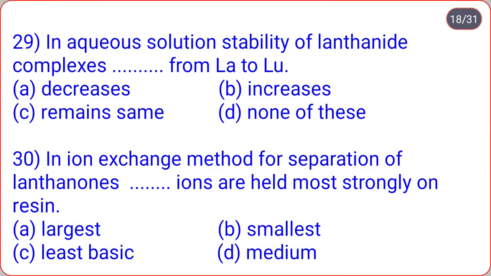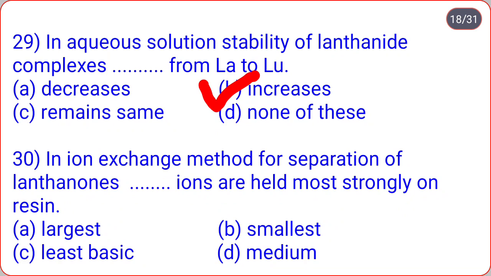In aqueous solution, stability of lanthanide complexes from lanthanum to lutetium decreases, increases, remains same, none of these. So the correct option is increases. In aqueous solution, stability of lanthanide complexes increases from lanthanum to lutetium.